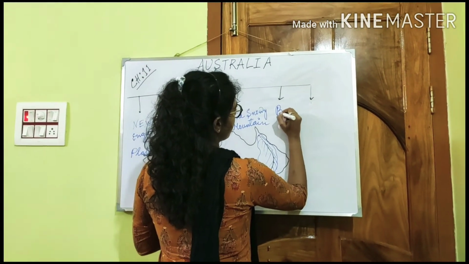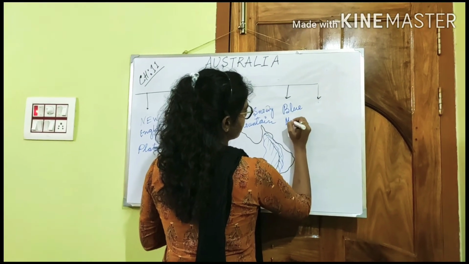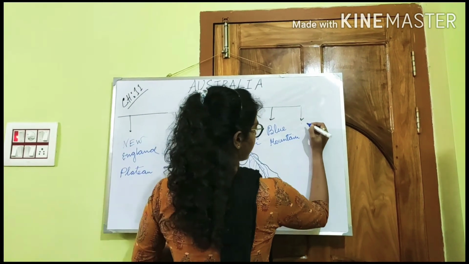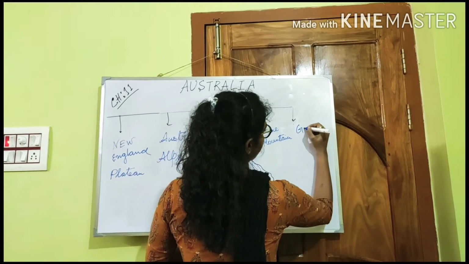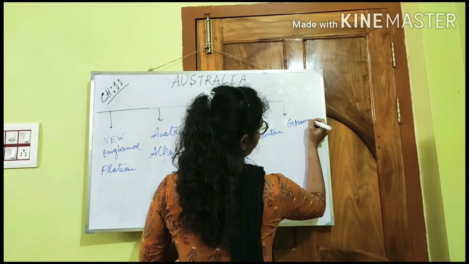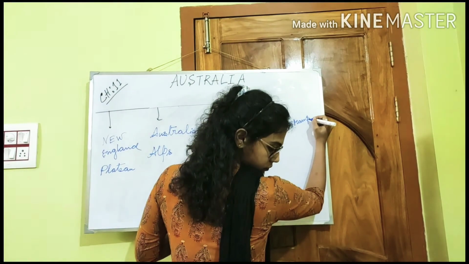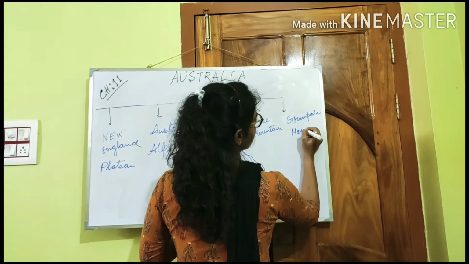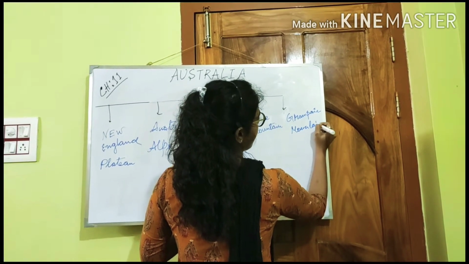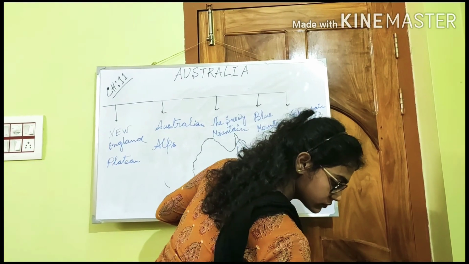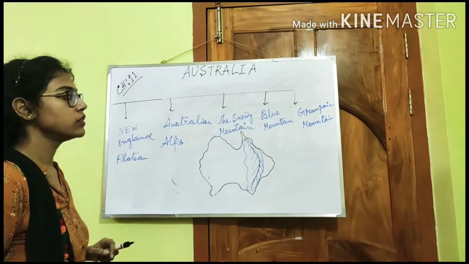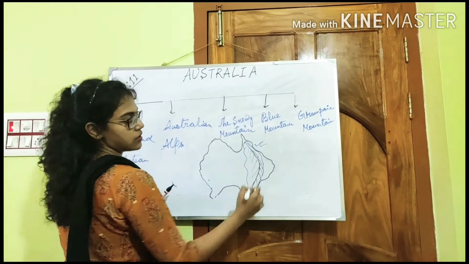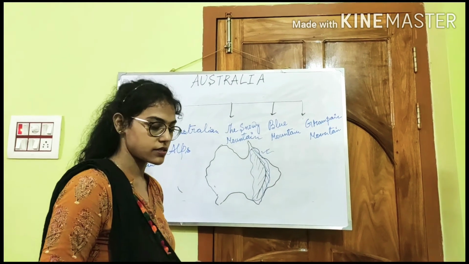Next is the Blue Mountain, and last one is the Grampian Mountain. This one is also a mountain range. These 5 features together make up the Eastern Highlands.